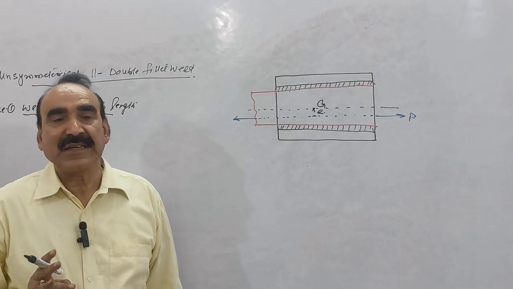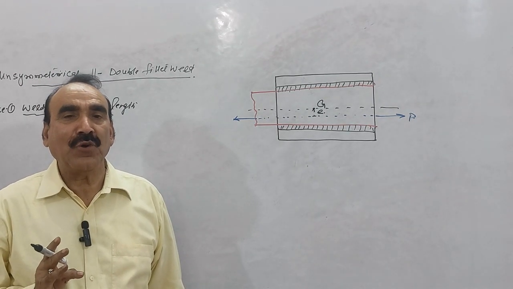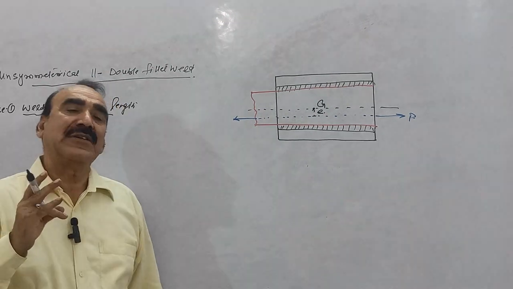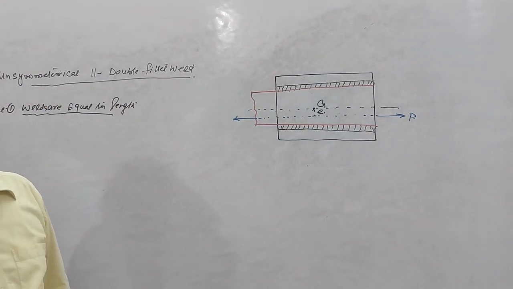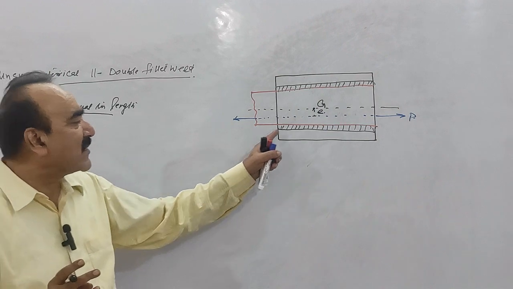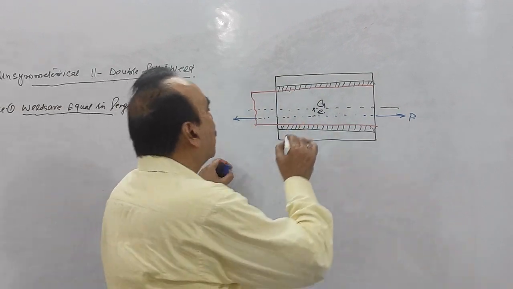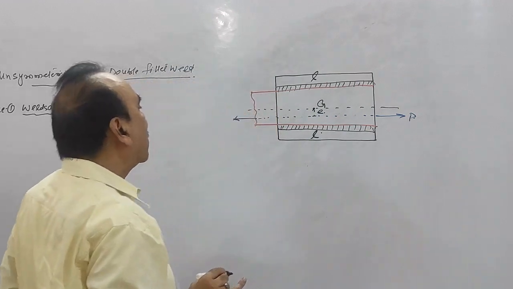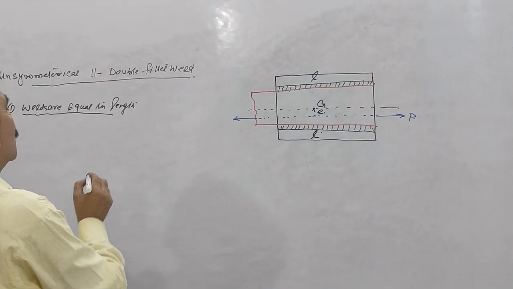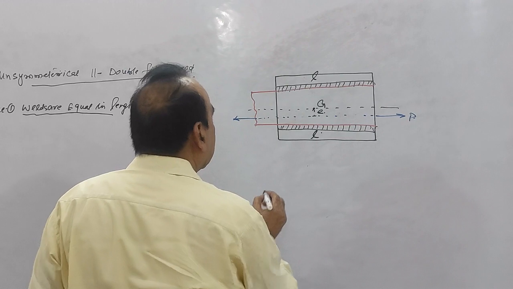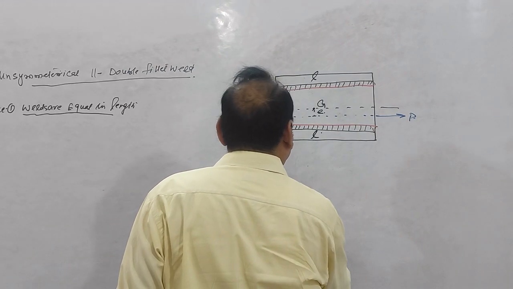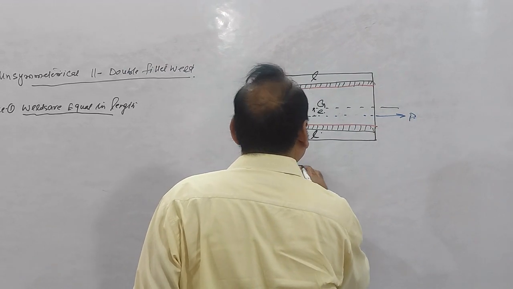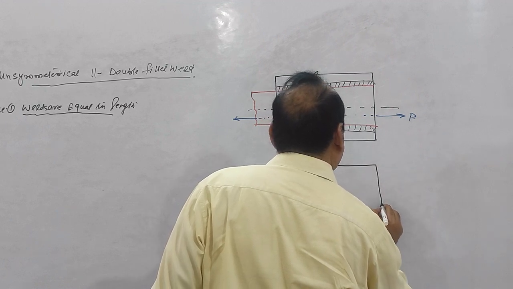We will readjust the length of the welds in this way. Where you saw the length of both was equal, this is L and this is L. Now in the second case, I will draw the diagram. So in the second case, this is your plate number 1.